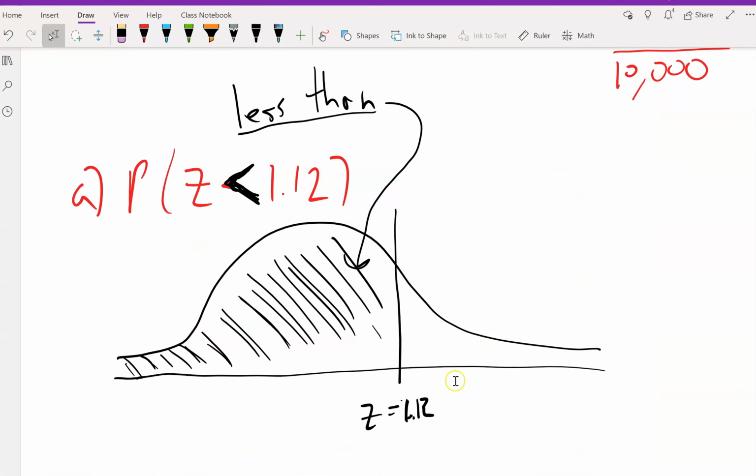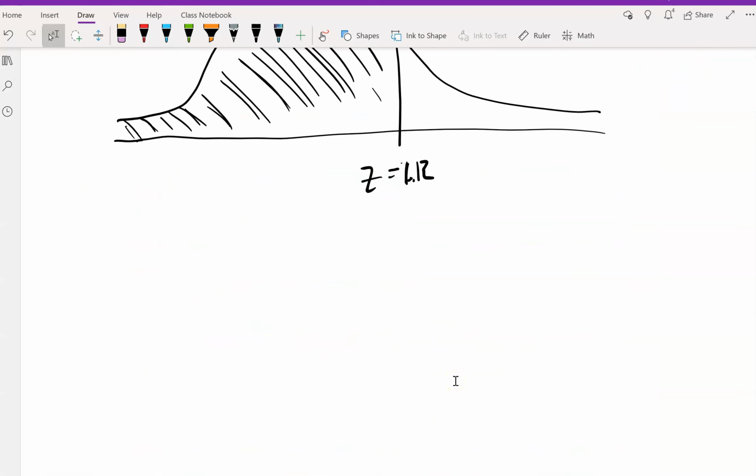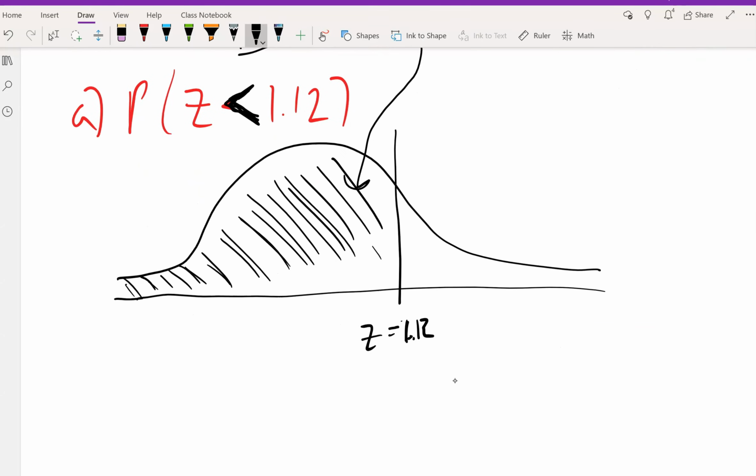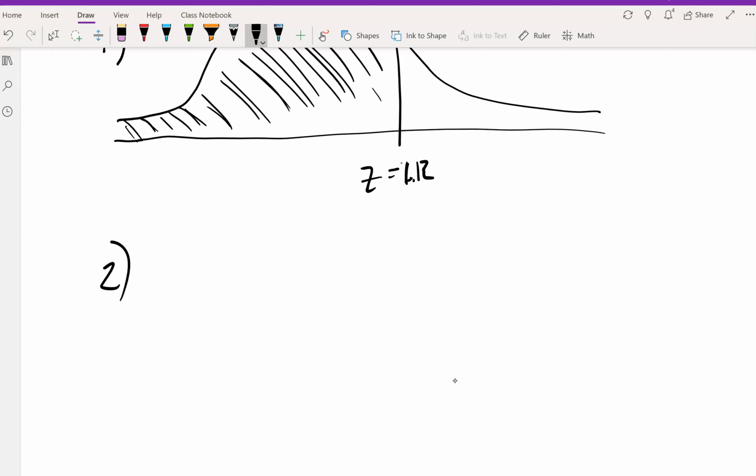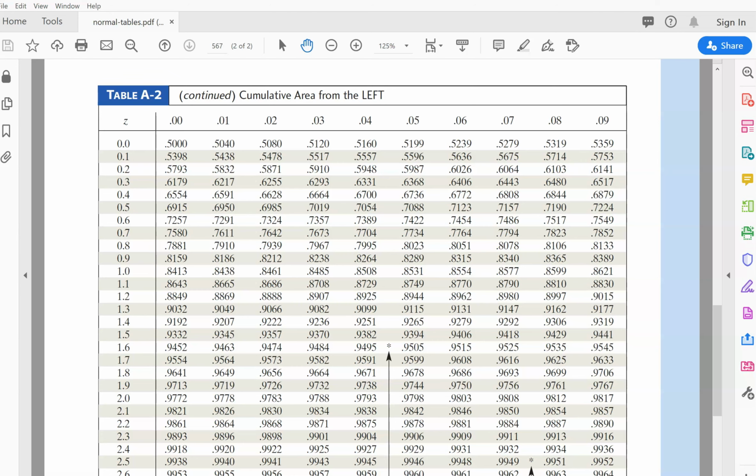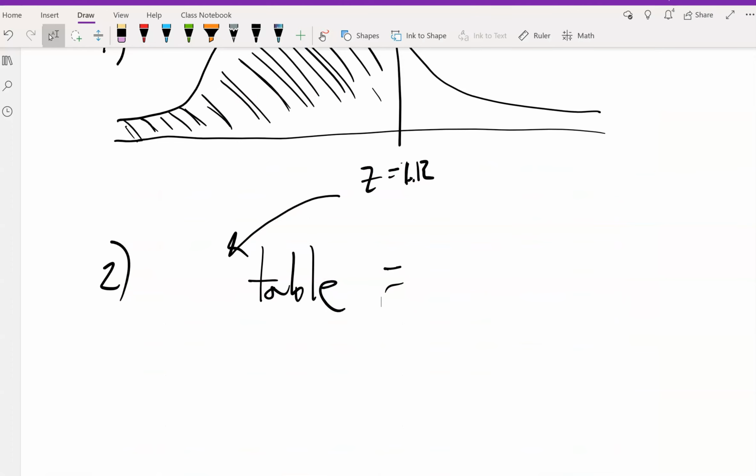That's very important to me. What I first do in any probability picture is draw a quick sketch. Second thing I do is, if you have the Z value, I go right to the table, and the table will present me with a number that's useful. And in this case, one more time just to verify, it is .8686.